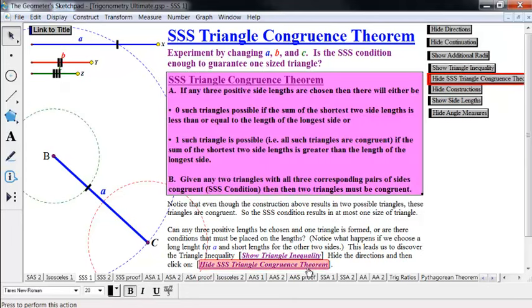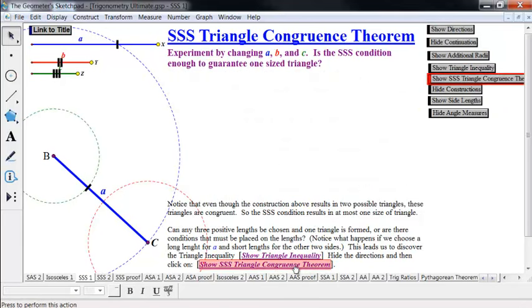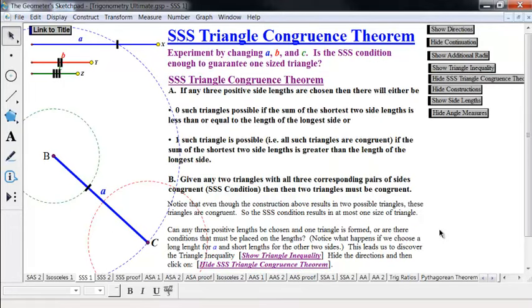And the actual triangle, let's see here. Let's hide the directions. And the triangle congruence theorem, we can think of it in a couple of different ways. If any three positive lengths are chosen, then there will either be 0 triangles possible if the sum of the two shortest sides is less than or equal to the length of the longest side.